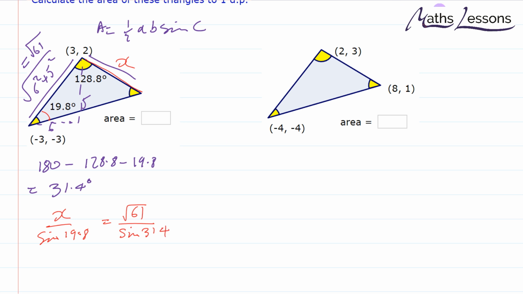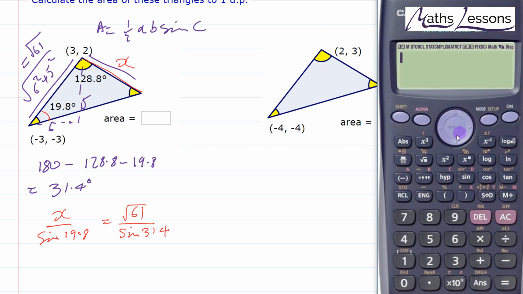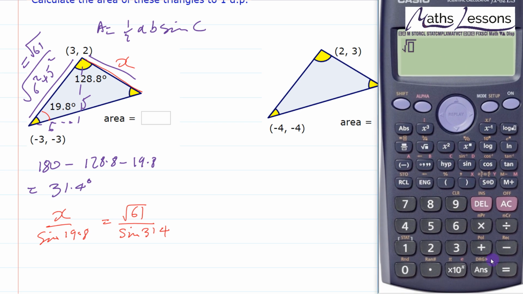So I get my calculator, and I'm going to do the square root of 61, move to the side, and divide that by sine of 31.4. And then I want to times by the sine of 19.8. Equals. And I get 5.07.